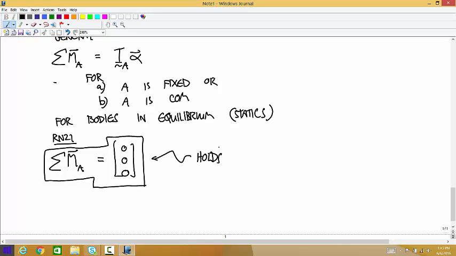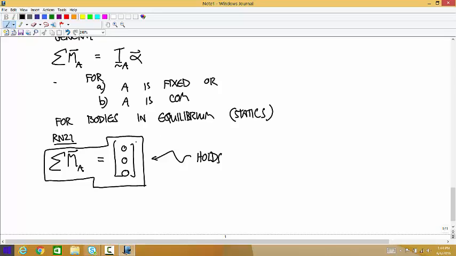And notice that in the general case, there were severe restrictions on what was allowed to be the about point. The about point either had to be a material point on the body that's fixed in space, or it has to be the center of mass of the body.